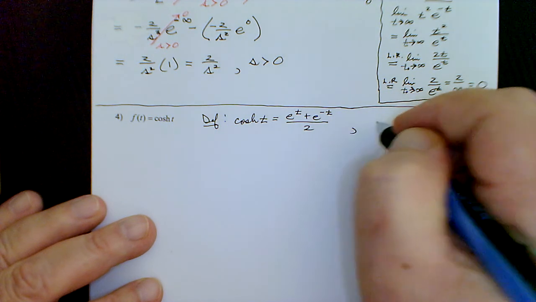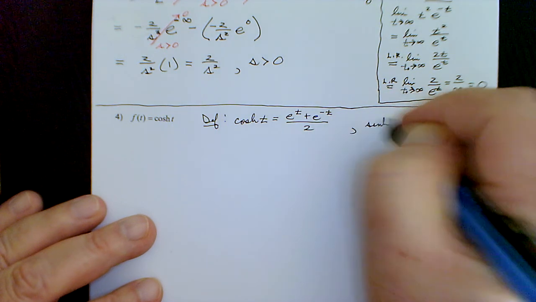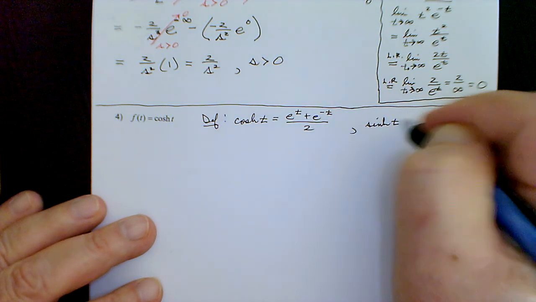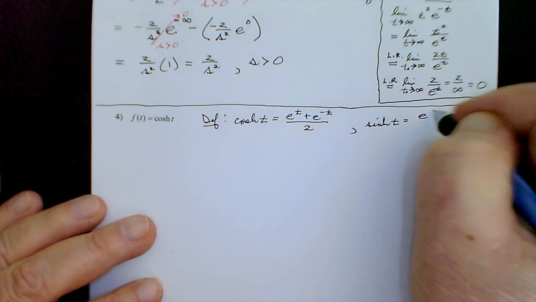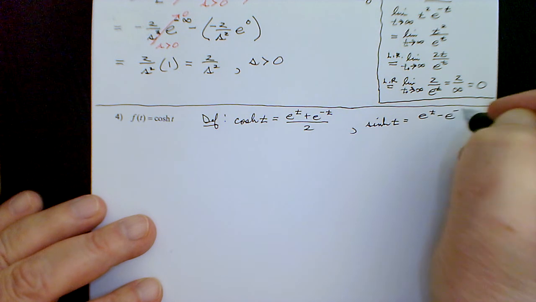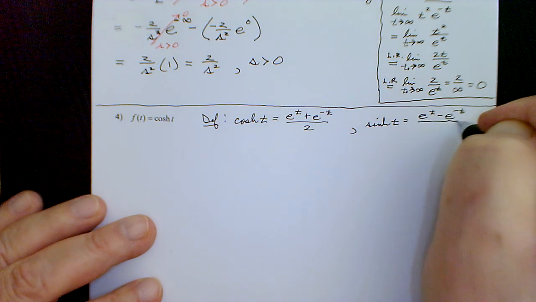And I think in the homework you have an example for the hyperbolic sine of t, which is e to the t minus e to the negative t over 2.